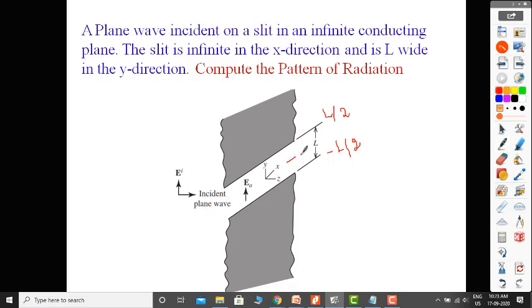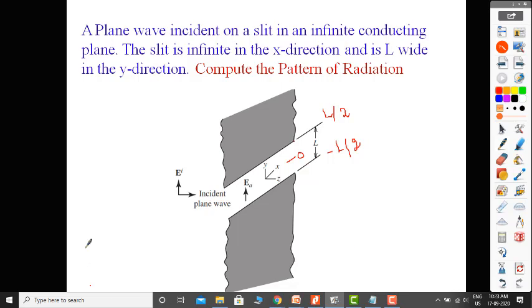So this is our reference 0. From this, the upper edge is noted as L by 2 and the lower edge as minus L by 2. So in this plane of infinite extent on the xy coordinate system, there is a slit along the direction of y, which has the finite dimension of L.